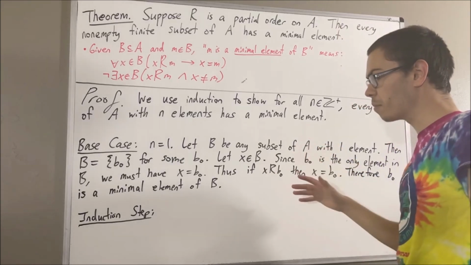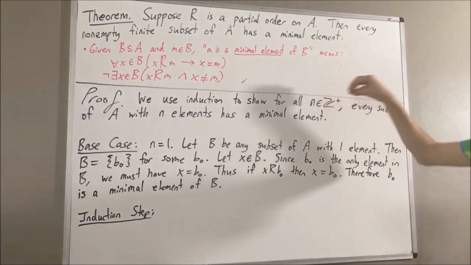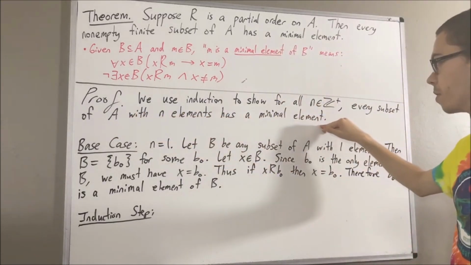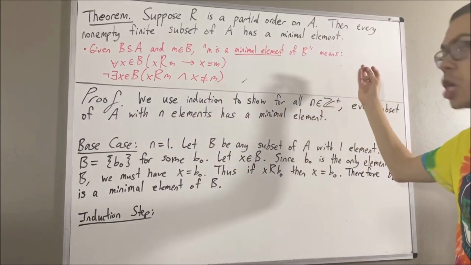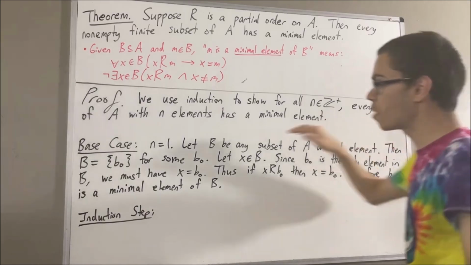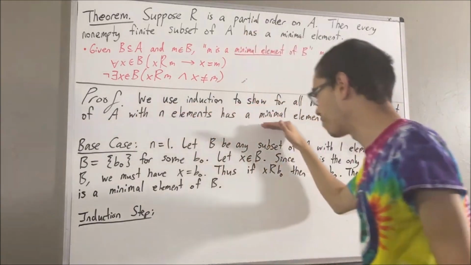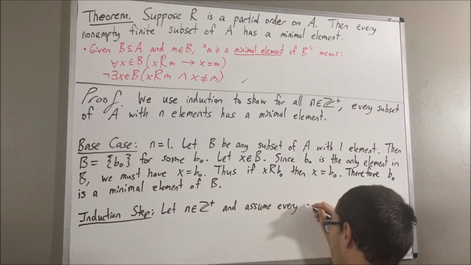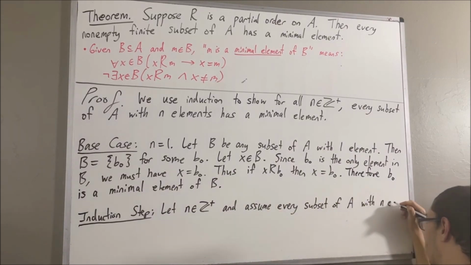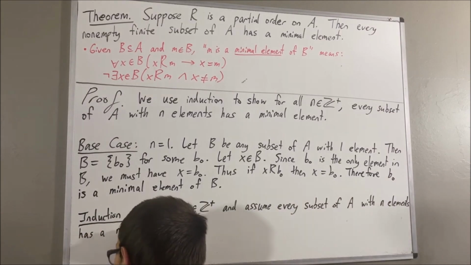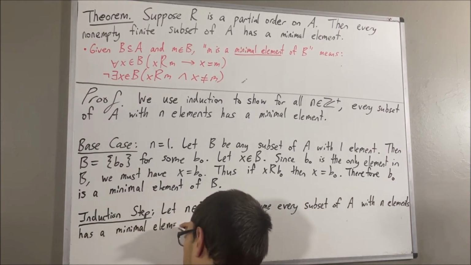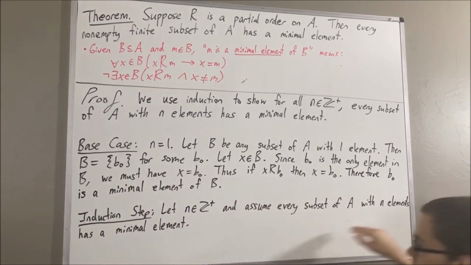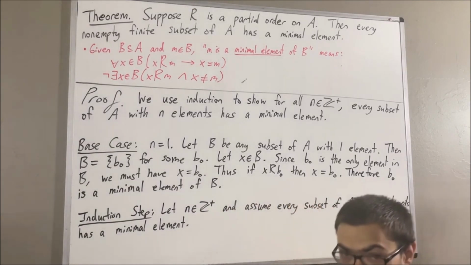In the induction step, we give ourselves an arbitrary positive integer where this is true. So let n be any positive integer and assume that every subset of A with n elements has a minimal element. The whole goal of the induction step is to show that this is also true for n plus 1.